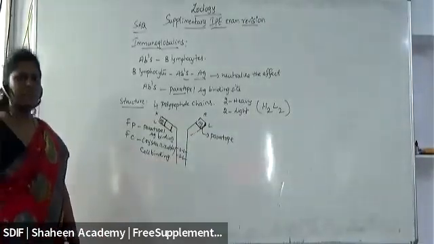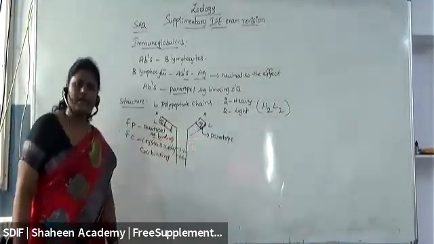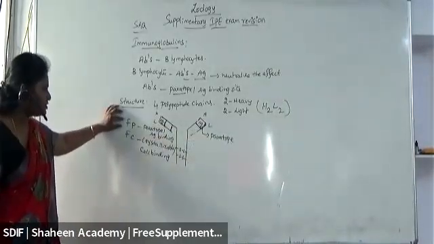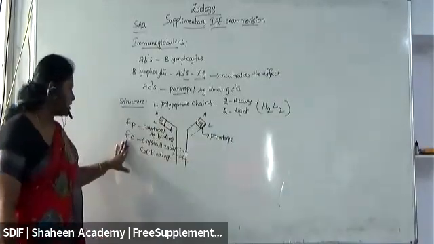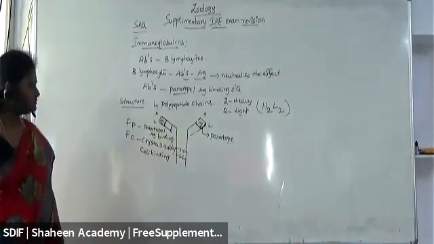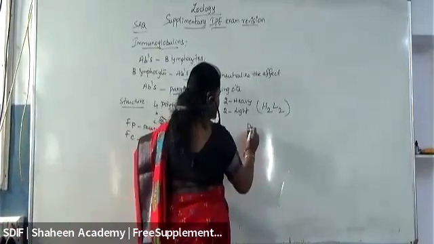The specific region where the antigen comes and binds is called the paratope or antigen binding site, the FP region. And the remaining part is called the FC region, the crystallizable or cell binding region. And there are different types of immunoglobulins.